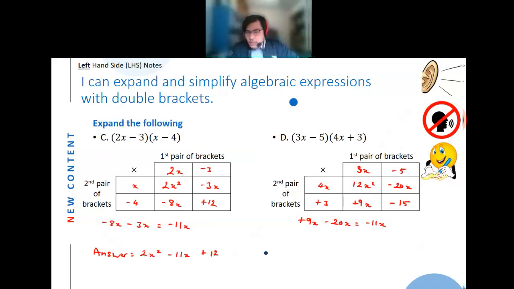So basically I am $11 in debt. Okay. So the answer, combining everything together, we have 12x squared minus 11x and then minus 15. Okay. So just be careful when you deal with the negative numbers.